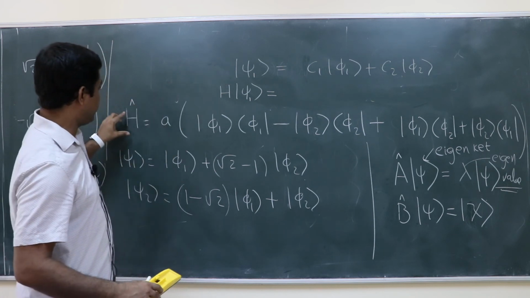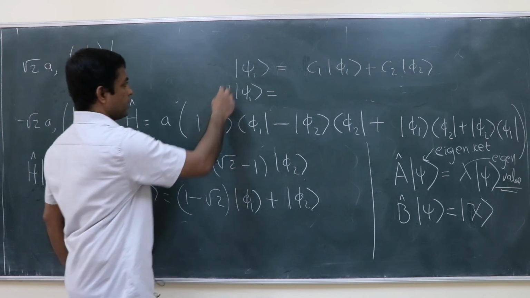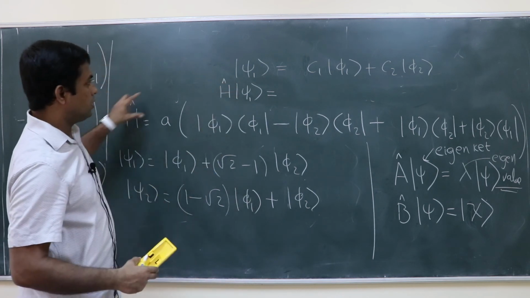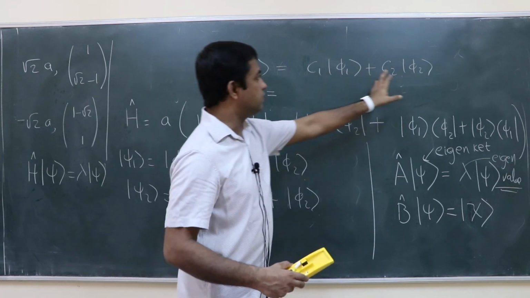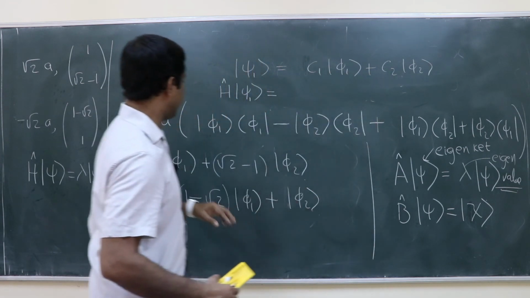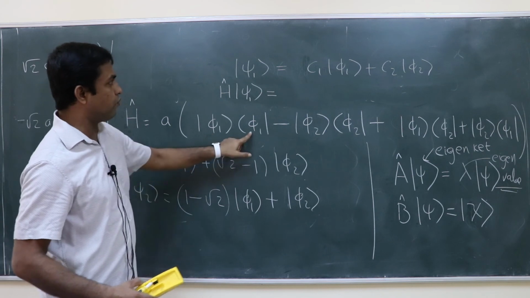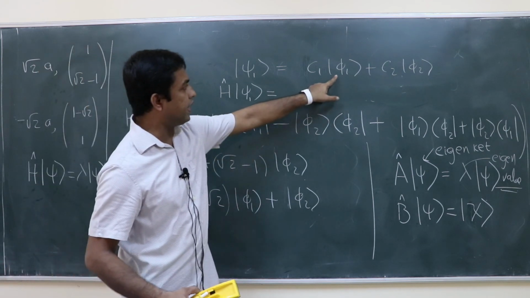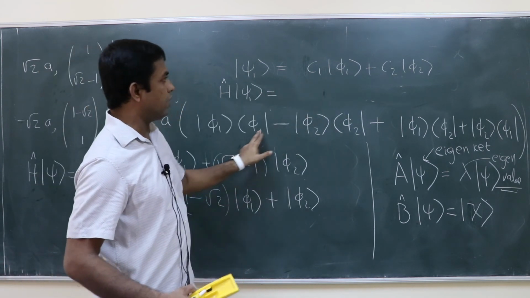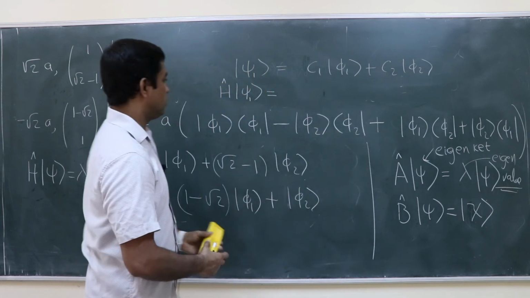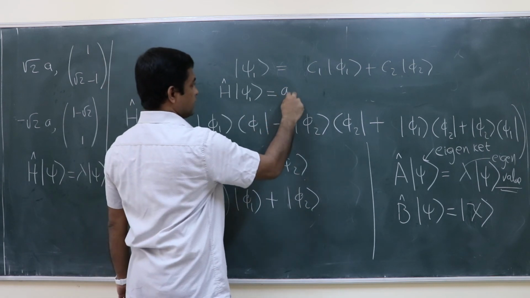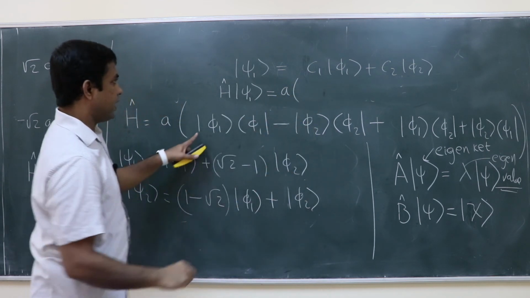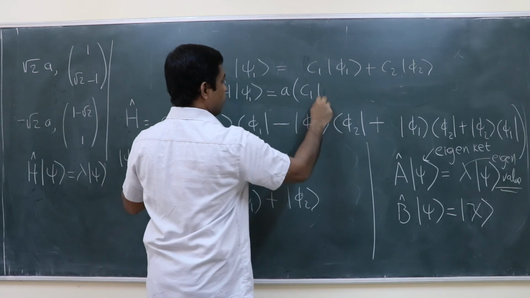What will I get? Ket phi 1, bra phi 1, this one can act on ket phi 1, because bra phi 1 ket phi 2 will be 0. A will be common to all, so I just take A outside. So I get C1 phi 1.